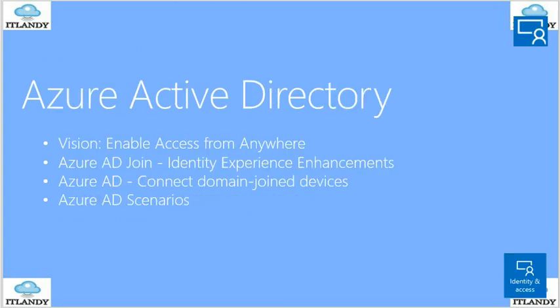Then we have a section or module around Azure AD, and this is around Azure AD scenarios, Azure AD Connect, domain joined, identity experience enhancement, and then the vision around enabling the use of machines from anywhere.